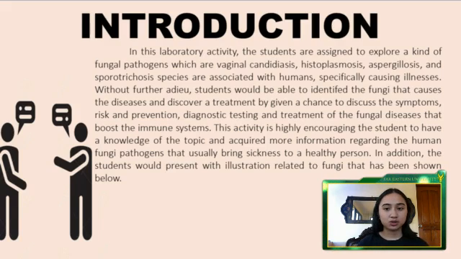We are also tasked to discuss the symptoms, risk and prevention, diagnostic testing, and treatment of the fungal diseases. It is highly encouraged for us to obtain this knowledge so that we gain new information. Lastly, we will elaborate the illustrations of the fungi.